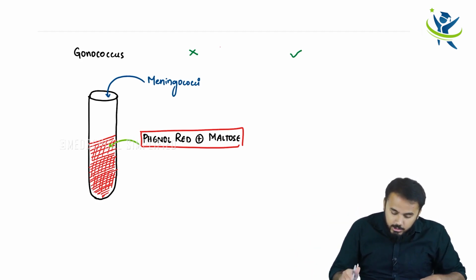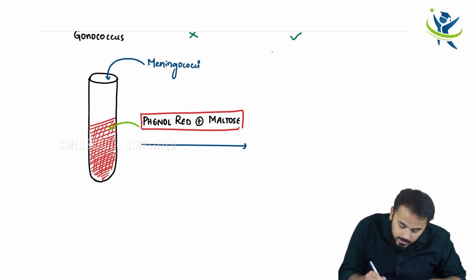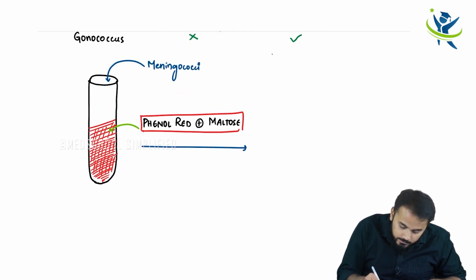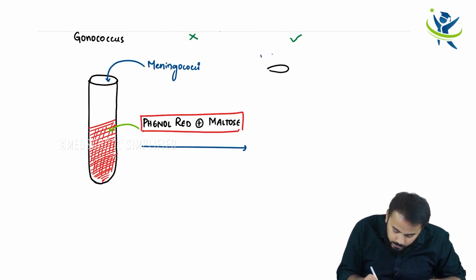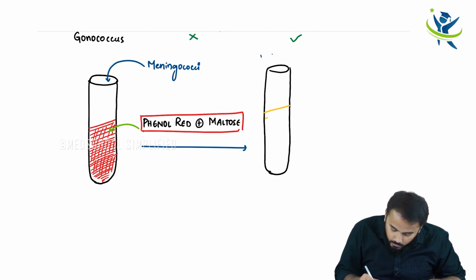So now the test tube from red will turn to another color. Look, what is that? This is a test tube. Now the test tube will turn completely yellow in color.